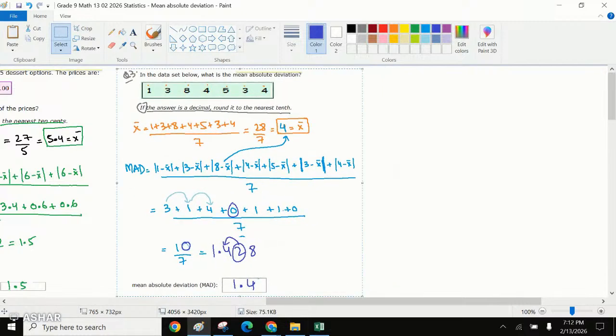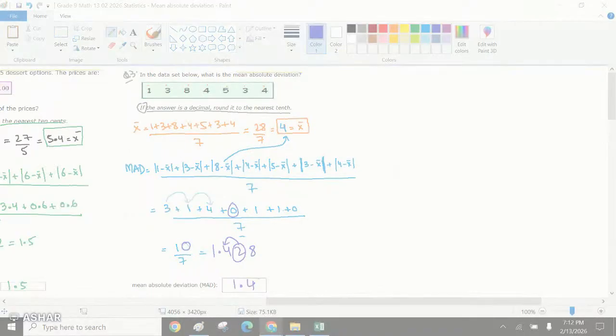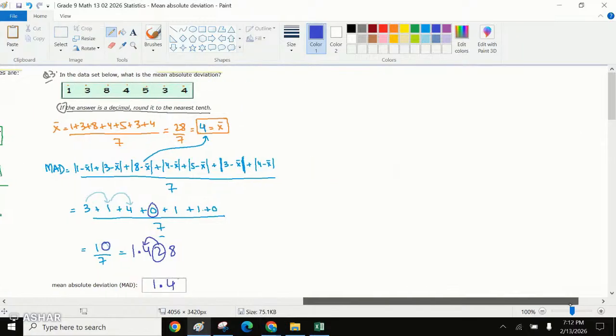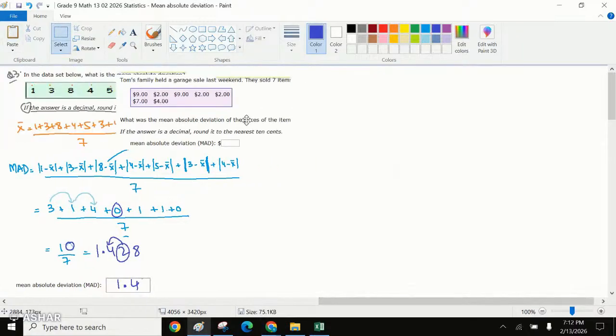Okay. The next question we have is... The numbers given to us are: Tom's family held a garage sale last weekend. They sold 7 items, and let's see what is the mean average for the things they sold.